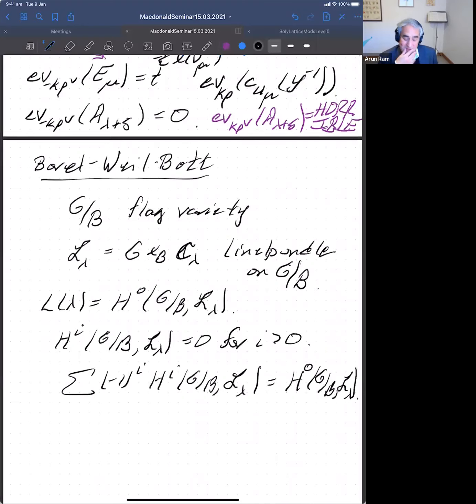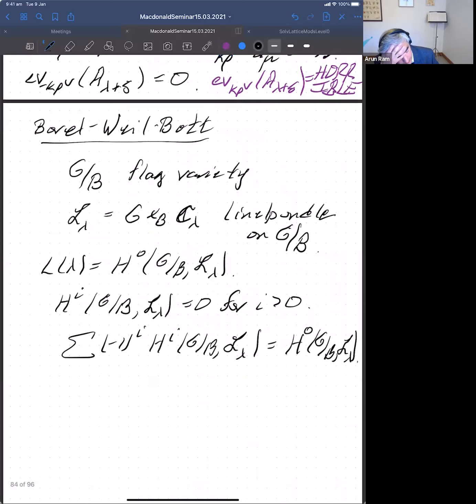Right? So what you want to remember here is that this Euler characteristic is the push forward of this line bundle to a point. So let me write that a little bit better, maybe I should write shriek.